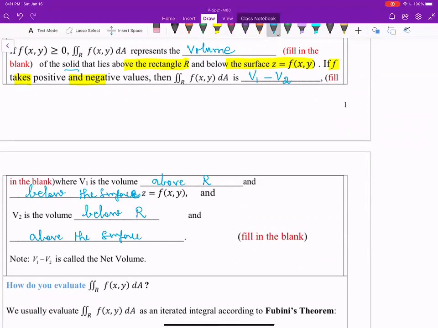Now V1 minus V2 is called the net volume.